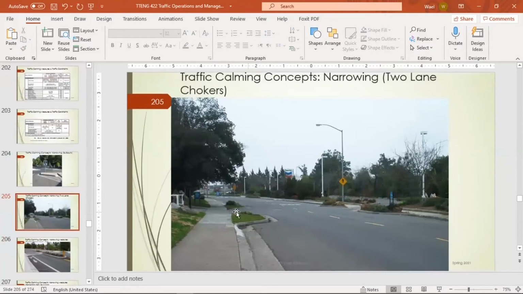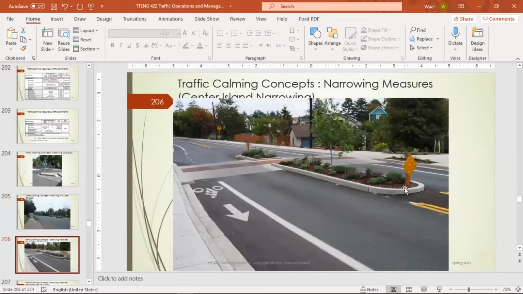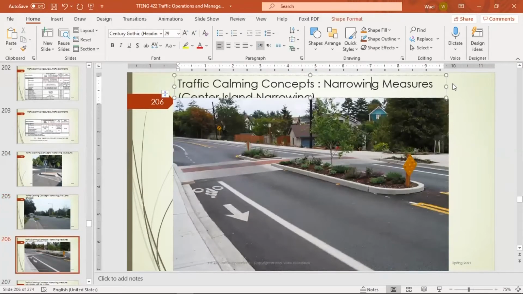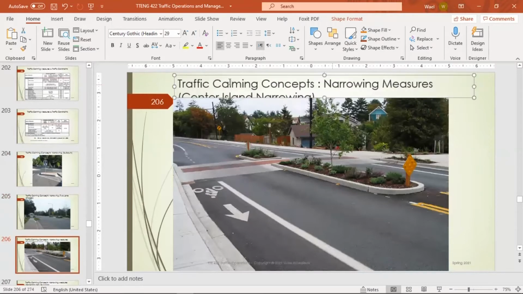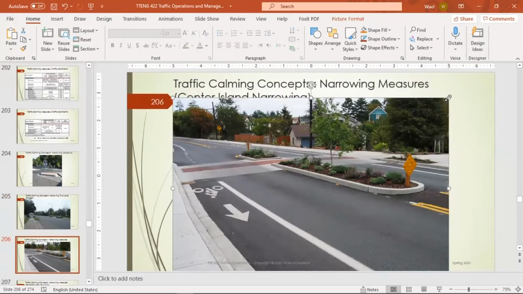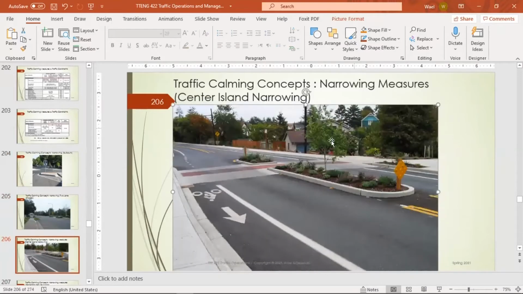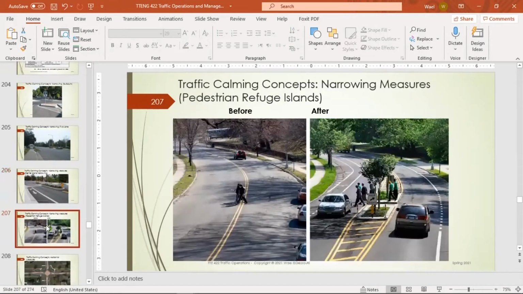Okay, they make two-lane chokers like these. These are what we mean with lane chokers, and of course that's a splitter island or central island. Clear? So these are horizontal measures for narrowing.